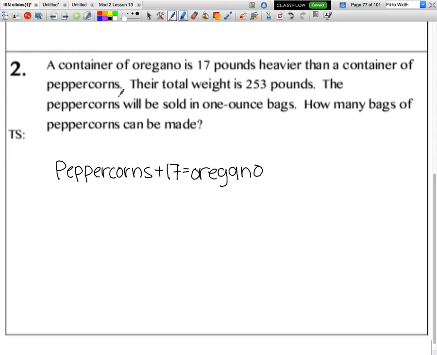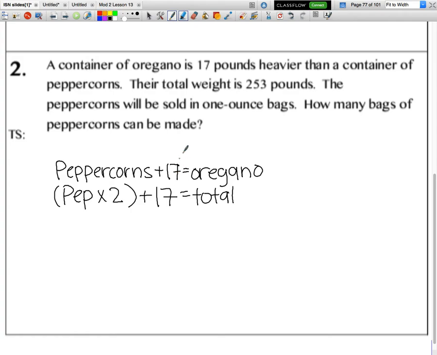So now, basically, that means their total weight is going to be 253 pounds. So I know that peppercorns times 2 plus 17 equals my total. Let me tell you how I know that. Because I know that peppercorns plus 17 equals oregano.